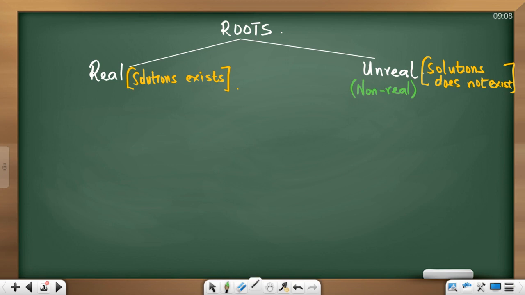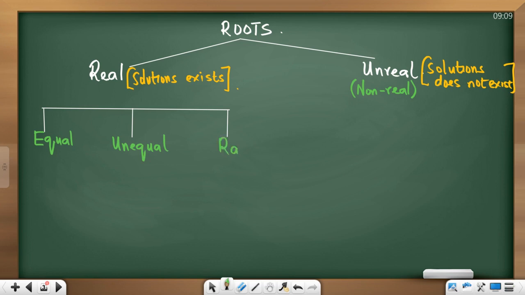But I'm going to divide my real roots first. So roots can be real and equal, real and unequal, and real and rational.